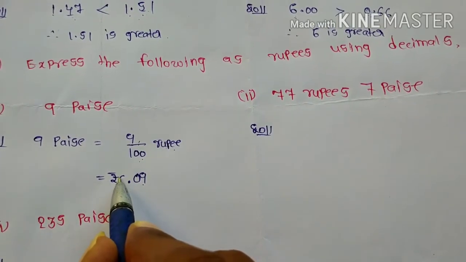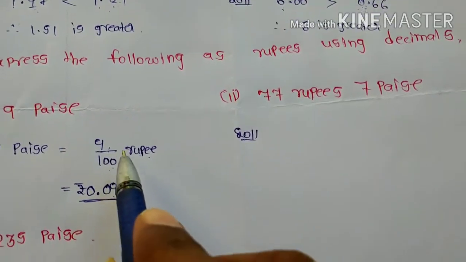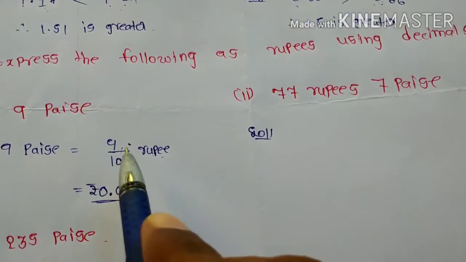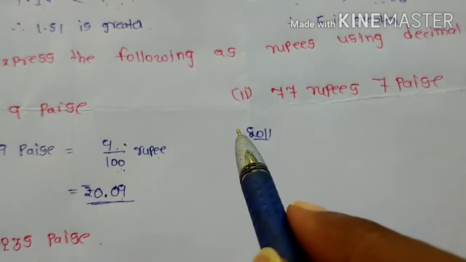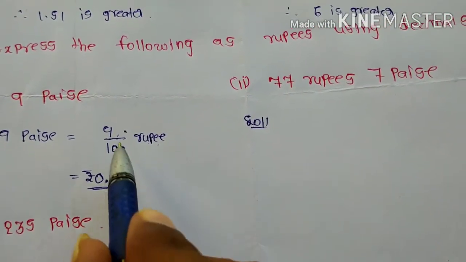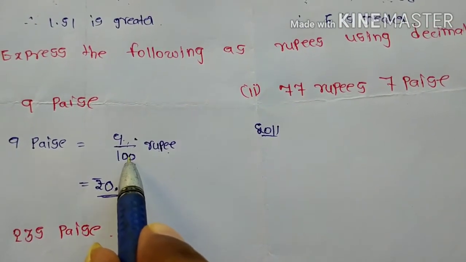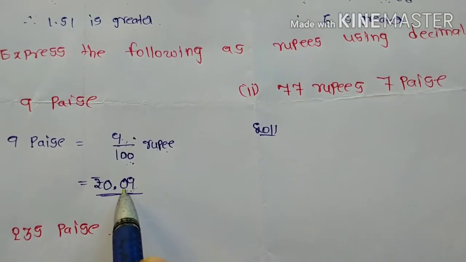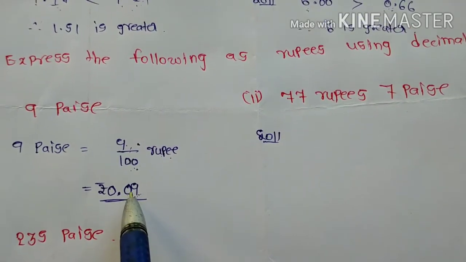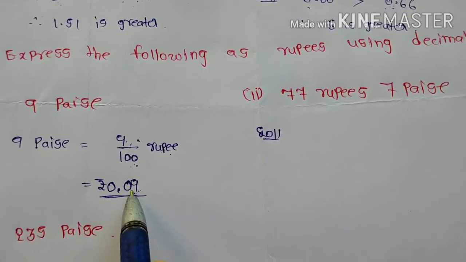Next you put the point. That means your answer is 0.09. See, very easy. Just now in the previous one I explained the standard form. How can you express 0.09? First you write 9. How many zeros? 2 zeros. If there are 2 zeros, you keep the decimal point from the right side after 2 digits. That means here 0.09 rupees.